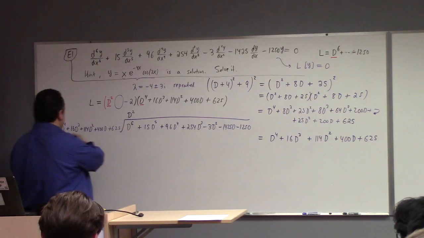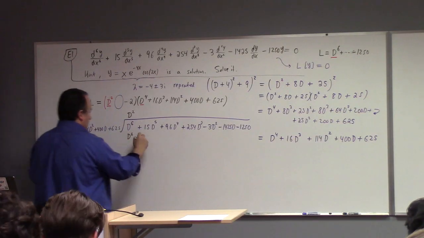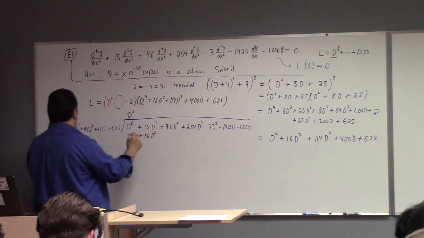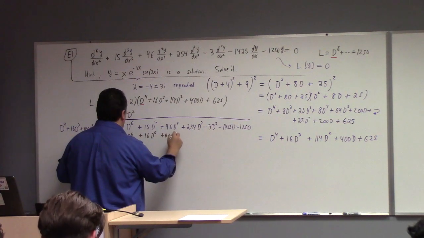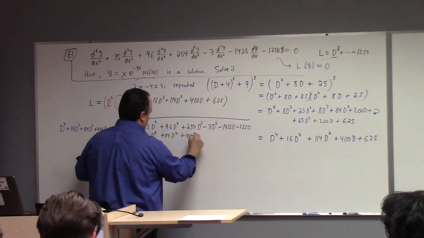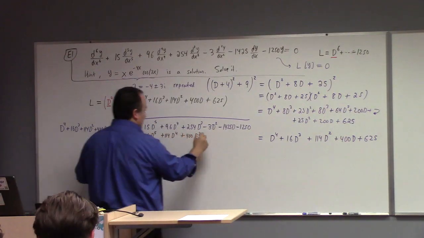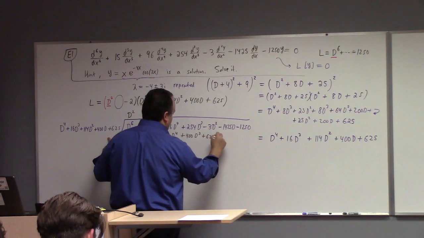Because d squared times d to the fourth gives me a d to the sixth plus 16 d to the fifth plus 114 d to the fourth plus 400 d cubed plus 625 d squared.